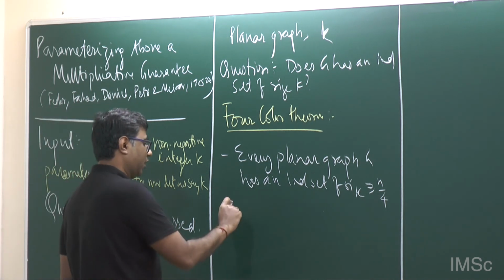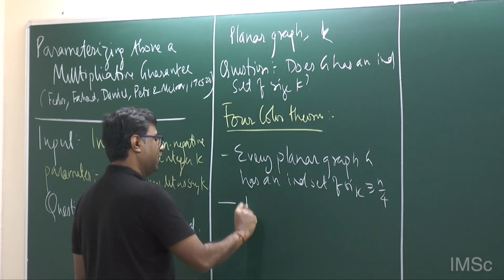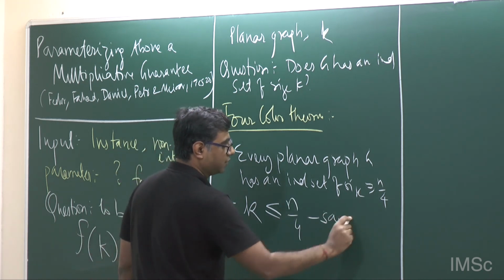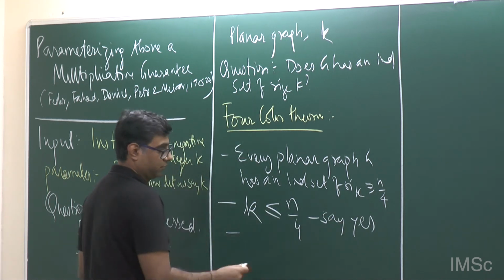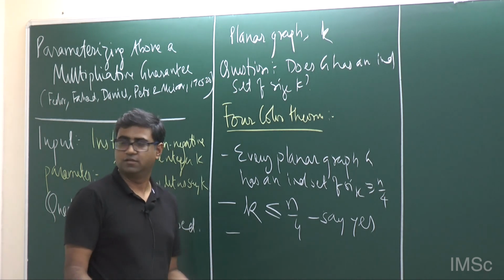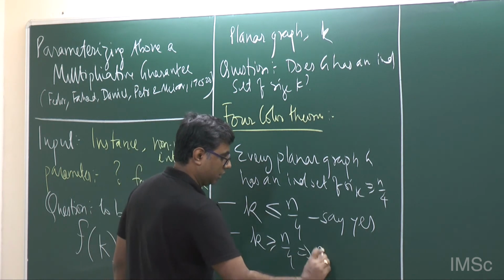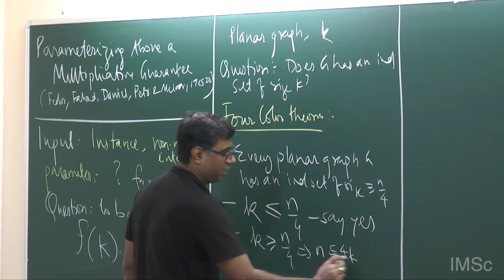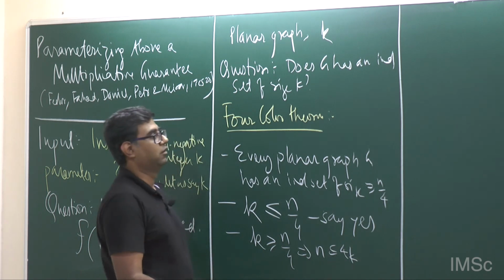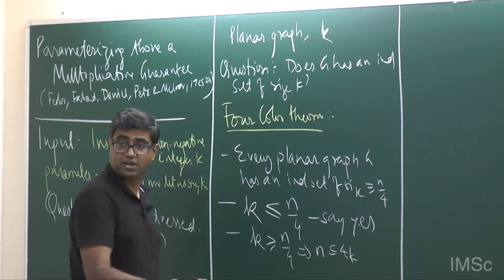So clearly, one trivial algorithm is I check whether k is less than or equal to n by 4, and say yes, right? Because if k is less than or equal to n by 4, I know the answer is yes. Otherwise, k is greater than n over 4, so n is less than or equal to 4k, and I can still try all possible subsets of size k as my potential independent set.